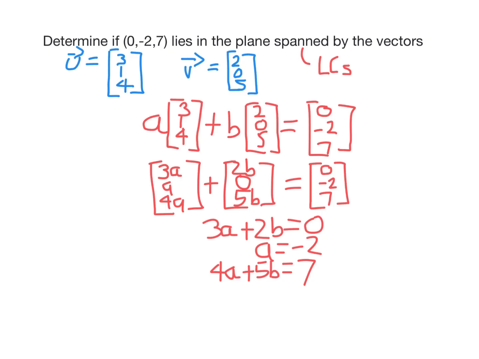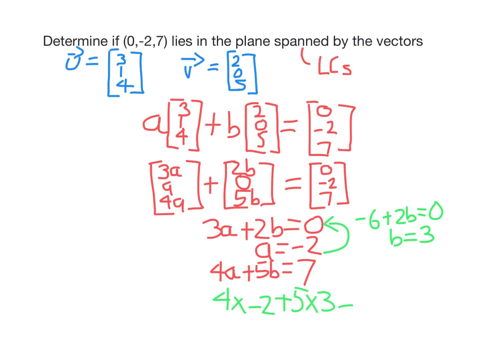So the first 2 are pretty easy to solve because a is -2. So if I substitute that into the first equation, I get -6 plus 2b equals 0. And that means that b is equal to 3. Now we're going to check if a is -2, b equals 3 satisfies this equation. So 4 times a plus 5 times b equals 7, that's a true statement.